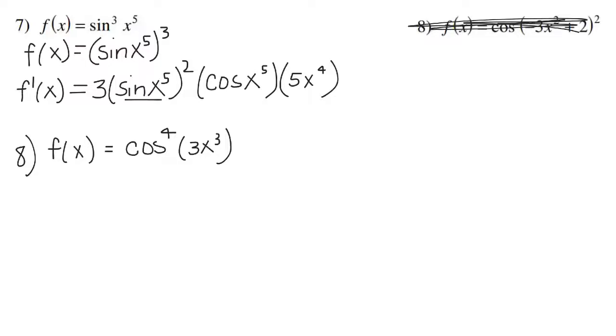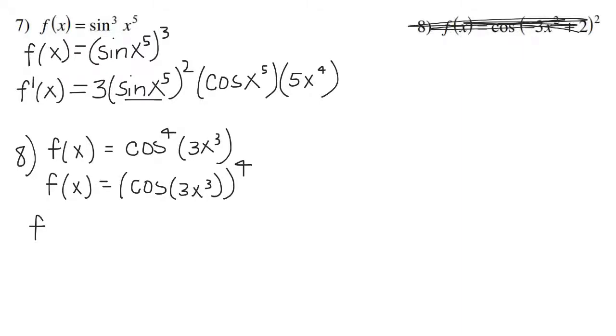Again, I would start out by rewriting it to be cosine of 3x cubed, and then move that 4 to the outside.